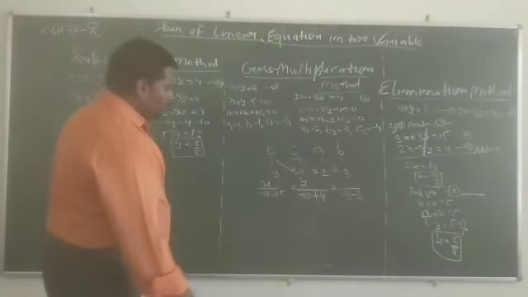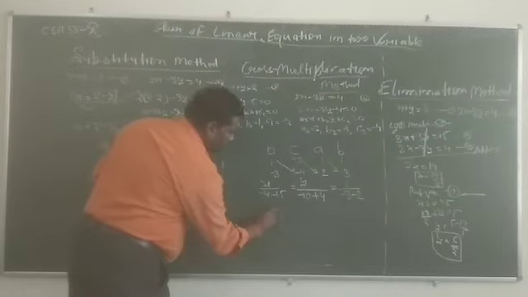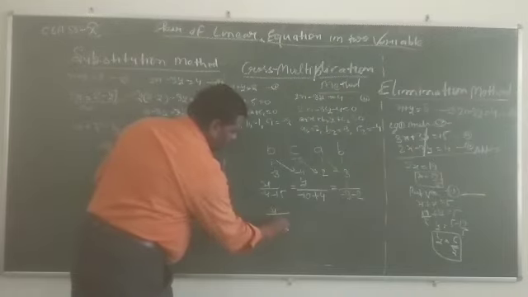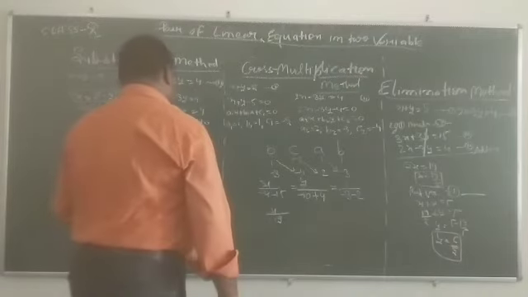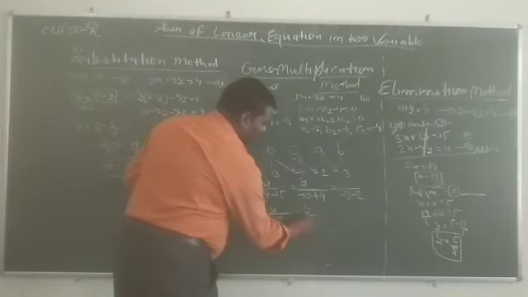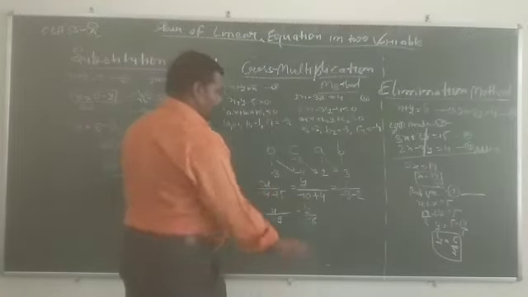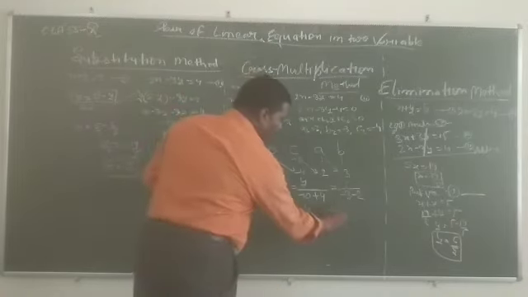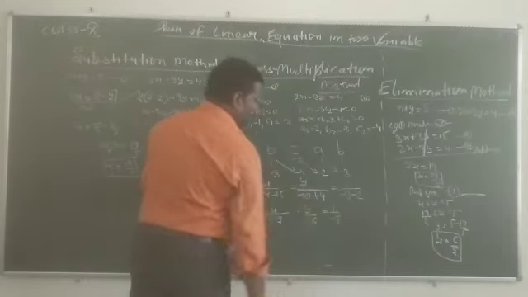Got it, students? Then x upon minus 19 equals y upon minus 6 equals 1 upon minus 5.